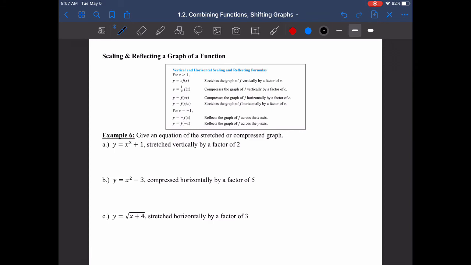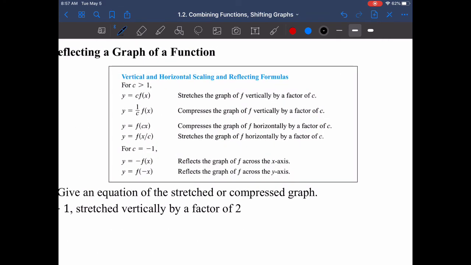All right, scaling and reflecting of graphs. For c greater than 1, having c times the function outside stretches the graph vertically. It's done to the entire f of x, so it's going to work on it vertically. 1 over c compresses the graph. So it's doing exactly what it says.